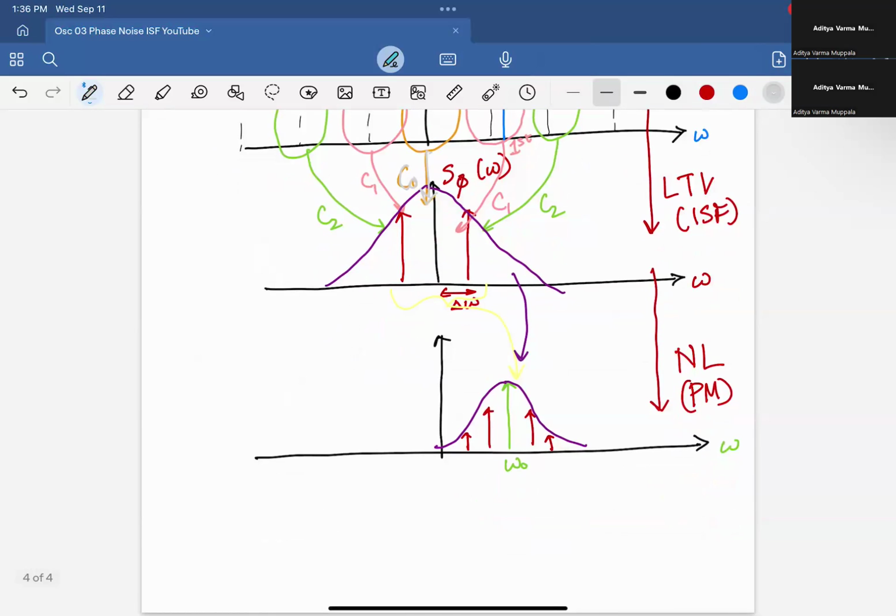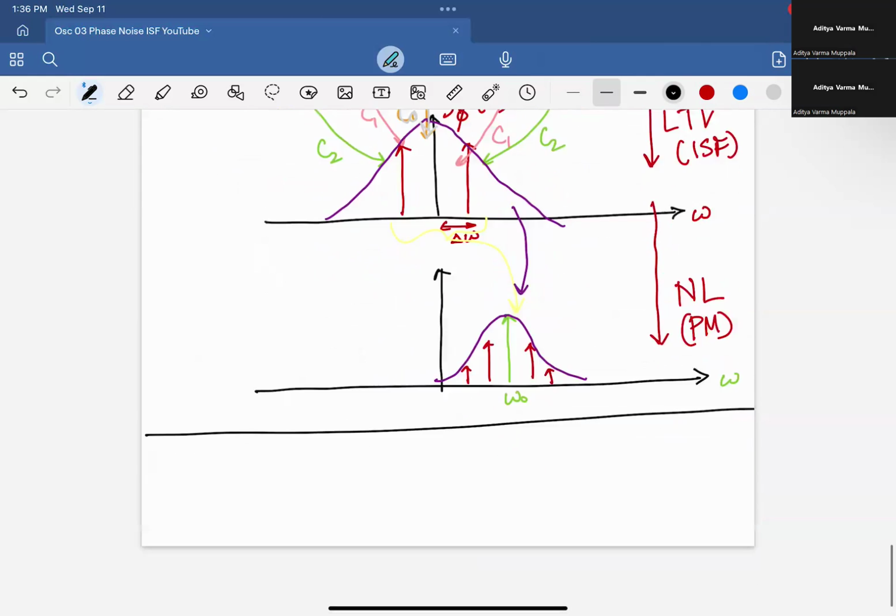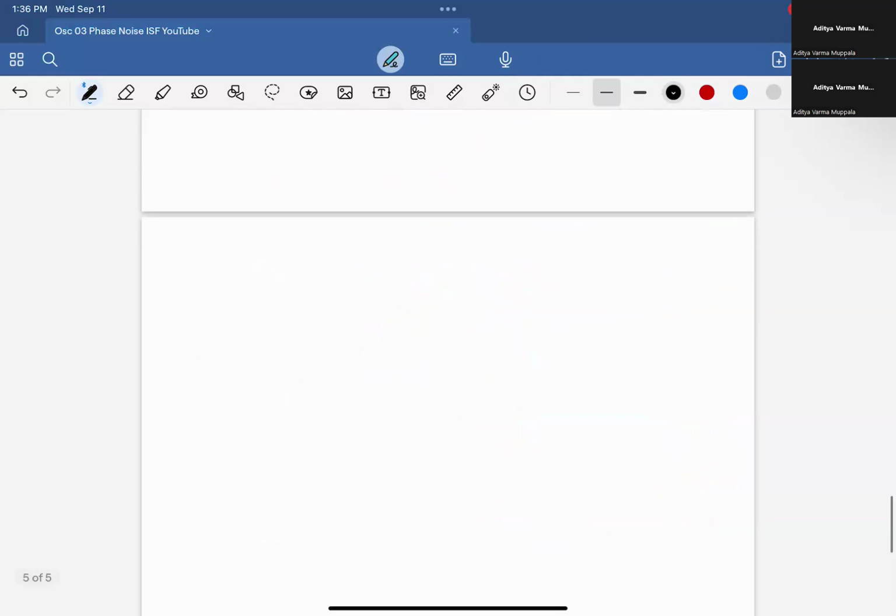You can show that the flicker noise is modulated down into the 1 over f cubed part of the phase noise. We will show that. By reducing the C0 coefficient of the ISF, you can reduce the impact of flicker noise on your phase noise. Okay, so hopefully that is clear.